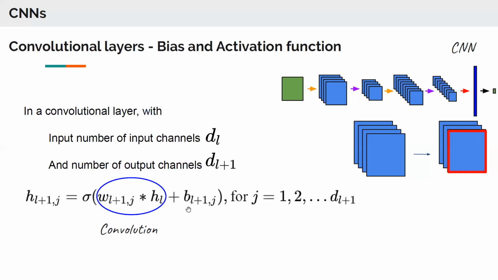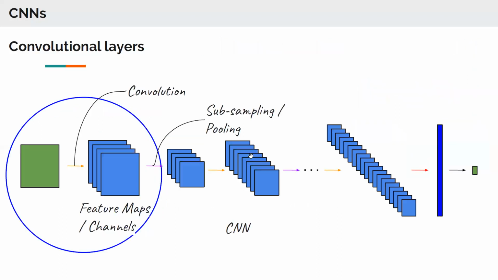And this convolution plus bias plus passing that through a nonlinear activation, this whole thing makes up what is known as a convolutional layer. Okay, so this is what is known as one convolutional layer, right?